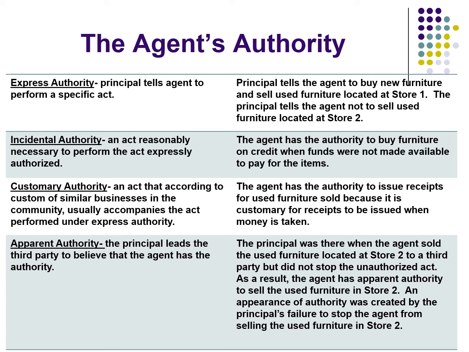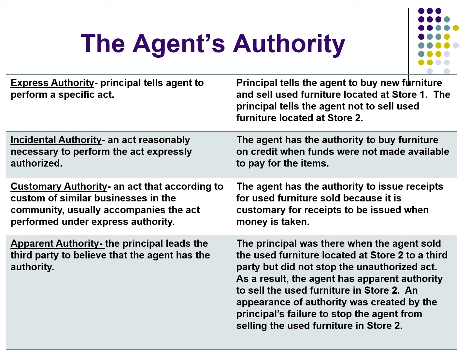Customary authority. As the name customary suggests, this is authority that maybe the principal has not actually stated that their agent has, but it is what is usual and customary in the industry that they're working in, that these type of agents will also have the authority to do these types of things. Everybody who's selling furniture is going to have the authority to do this.